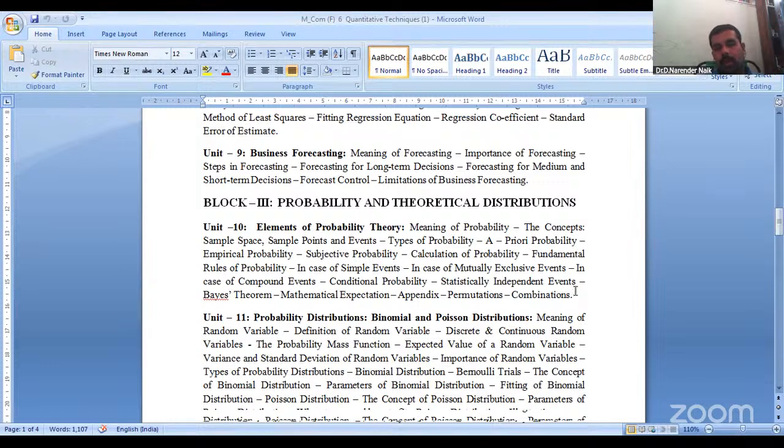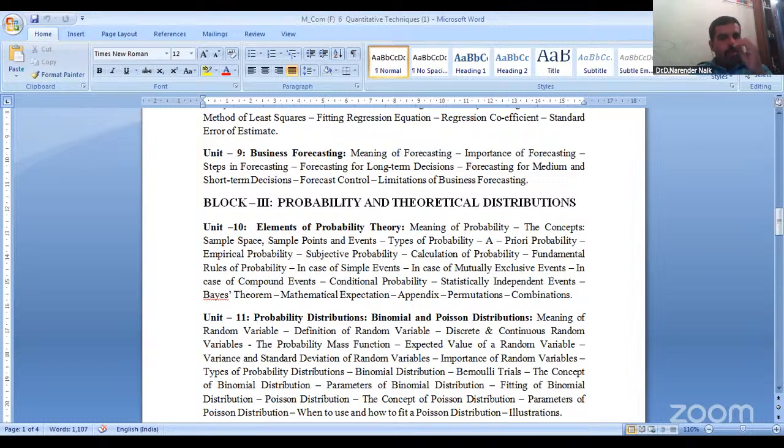So these are the first part of the probability. The second part of the probability is probability distribution. In probability distribution, the first one is elements of probability theory. The next one is probability distribution, that is binomial and Poisson distribution.